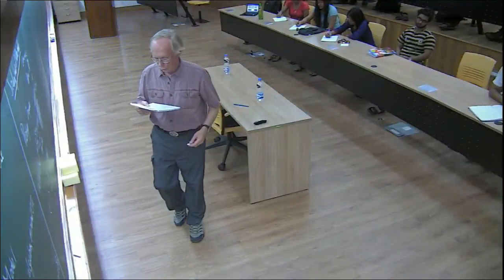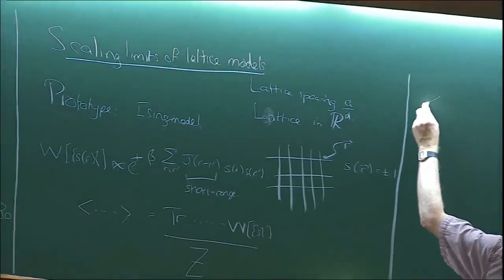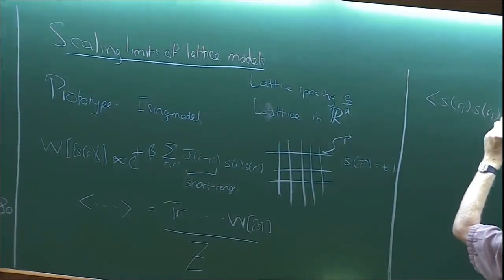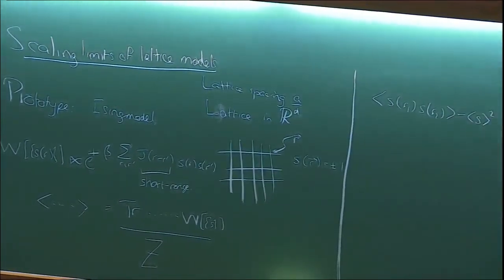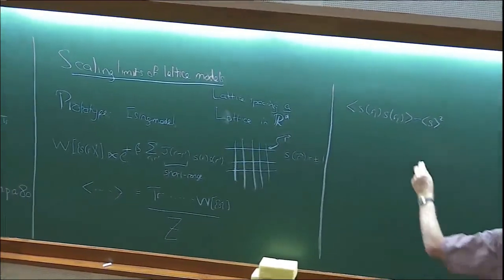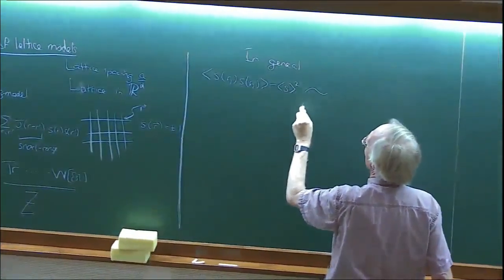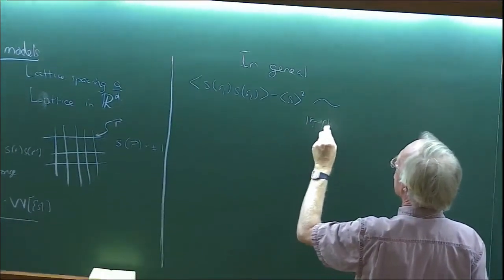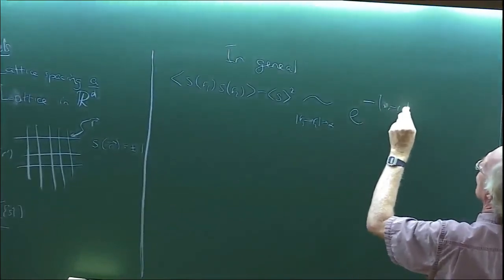Okay, so in general, in particular, if we look at the correlation function of two spins at the point R1 and the point R2 and subtract off the expectation value squared, so if we look at the connected part of the correlation function, in general this thing, as R1 minus R2 goes to infinity, decays exponentially with the correlation length.